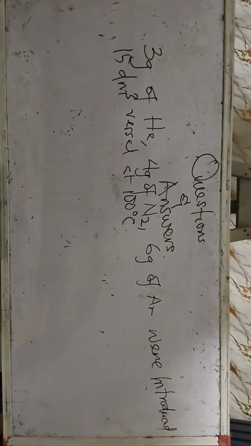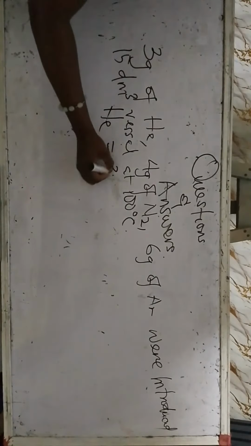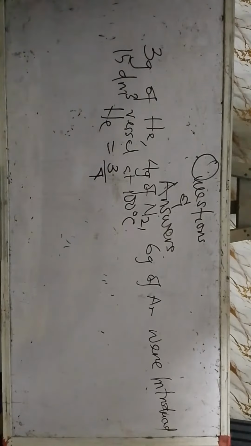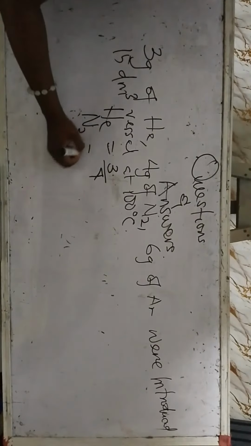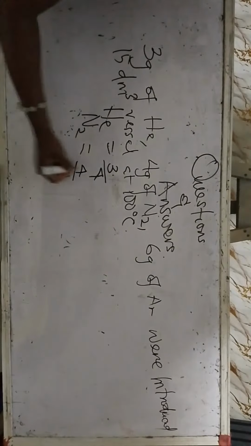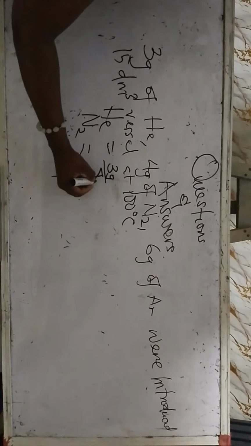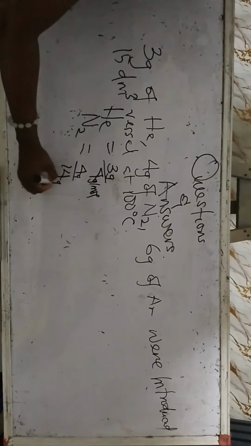So let's go. For helium, it is 3/4. Why is it 3/4? Because 4 is the molar mass of helium and 3 is the mass given to us for helium. Same for nitrogen gas: 4/14. That is gram over gram per mole.